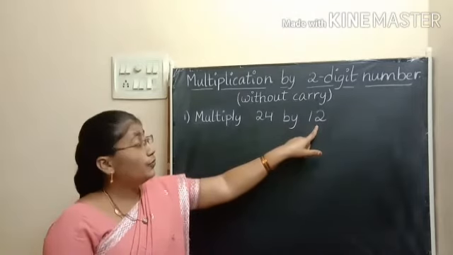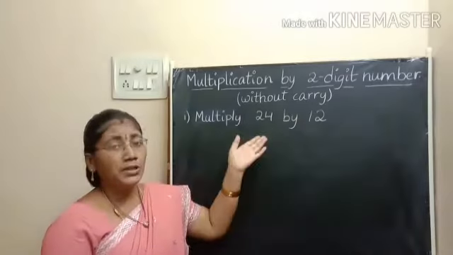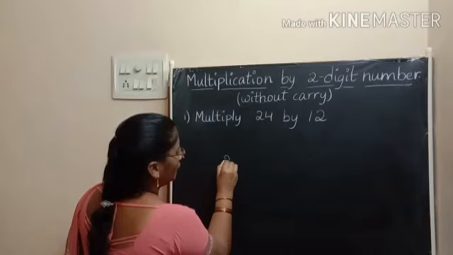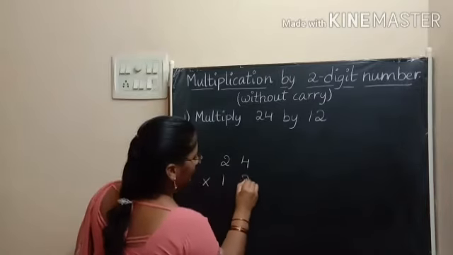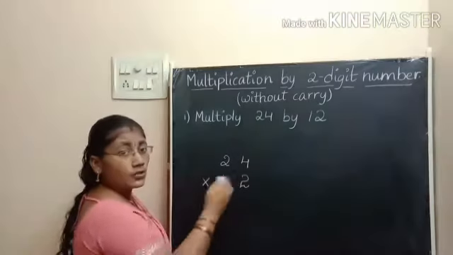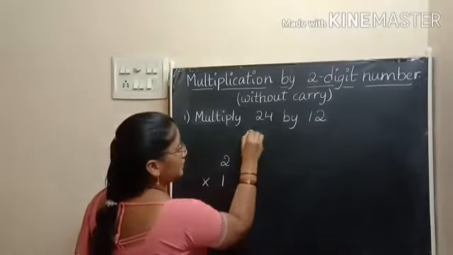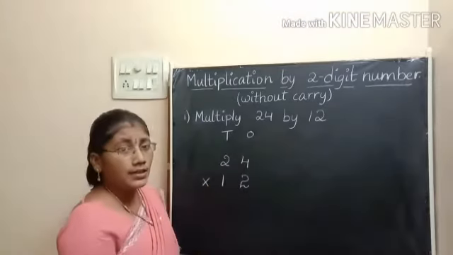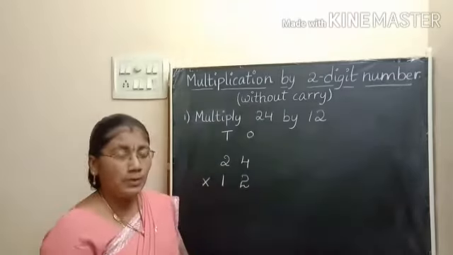Here we have both multiplicand and multiplier as 2 digits. Understood? So write here 24 into 12. We should write exactly as columns. We need two places to represent these numbers. These are ones and tens.